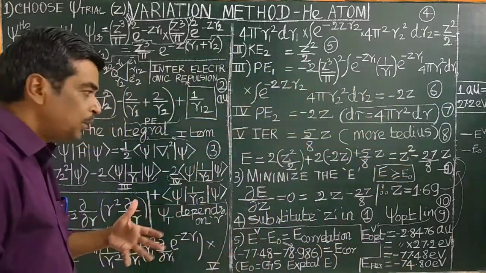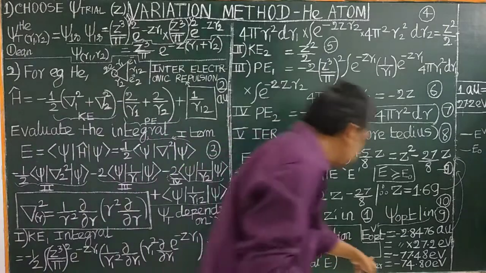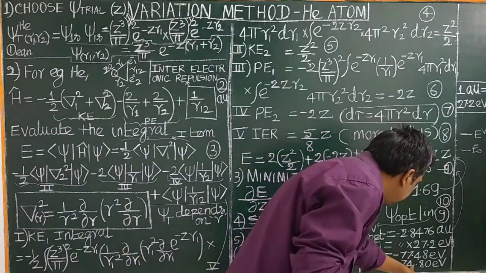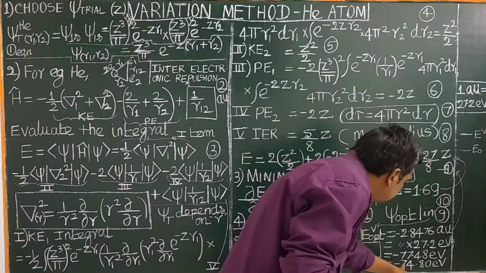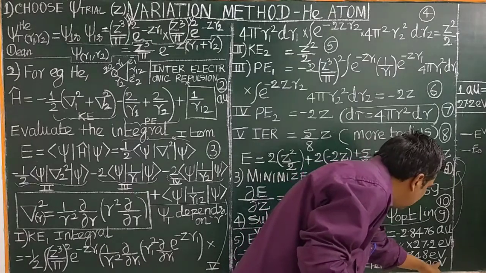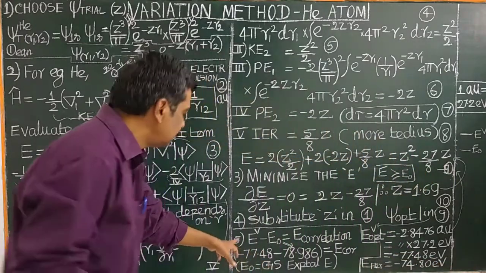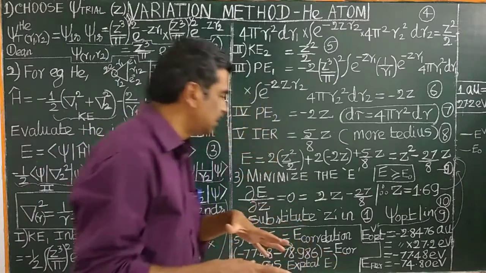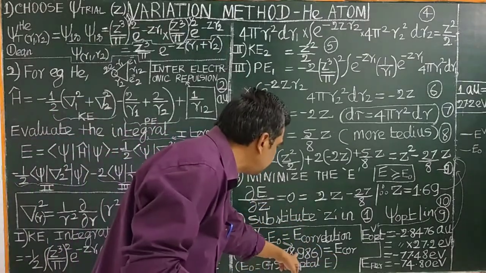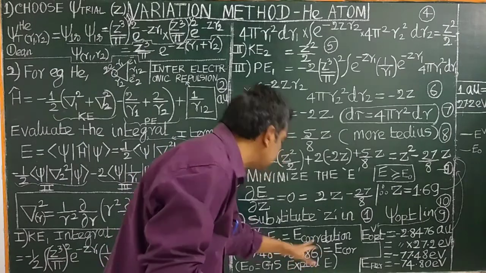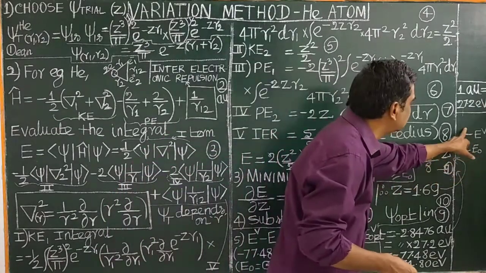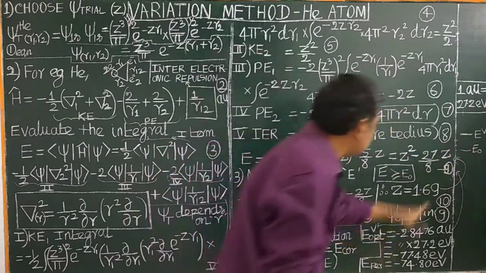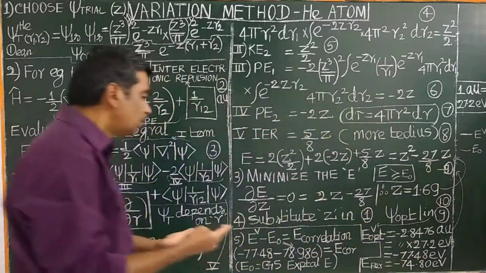The energy obtained is minus 74.80 electron volt, whereas the experimental ground state energy is equal to minus 78.986.